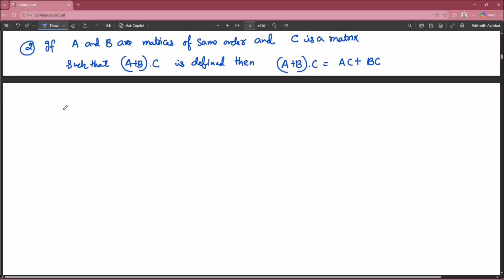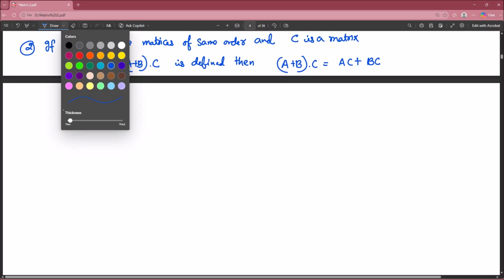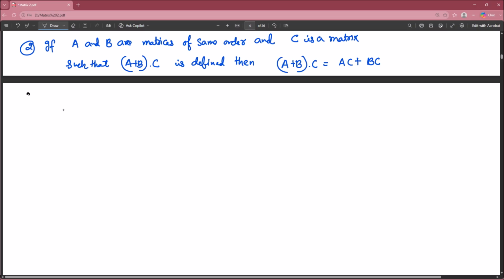Then the third property is multiplication by identity matrix.